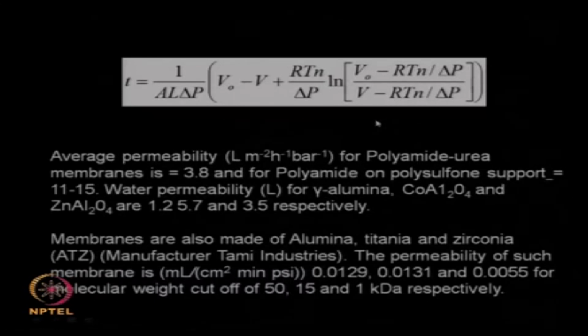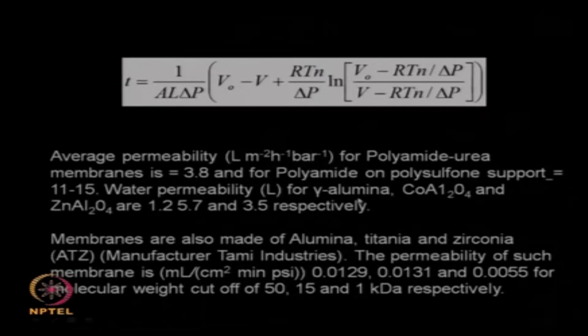Okay. We will talk about the relationship between the concentration of the solute dissolved and the osmotic pressure later. Now, the average permeability, look at the units, liter per meter square per hour per bar. Bar is the pressure, hour is the time, meter square comes in because of the area. Okay. For a polyamide urea membrane it is 3.8, and if you look at polyamide on polysulfone support, it is around 11 to 15.